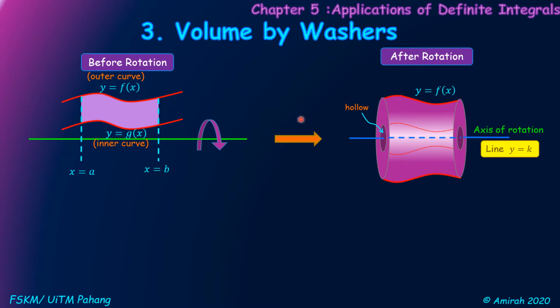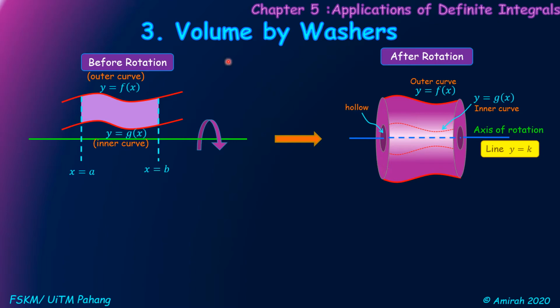This is y equals f(x), which is the outer curve, and this is y equals g(x), which is the inner curve. In this diagram, we do not use the terms top and bottom because after rotation, the outer curve y equals f(x), which is the top function, will change to the bottom function.